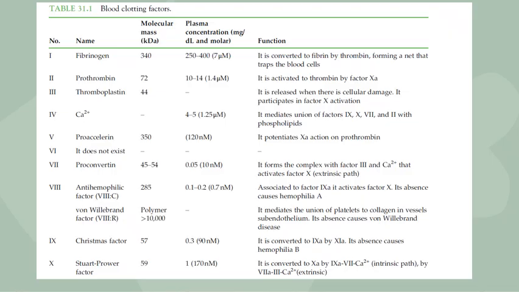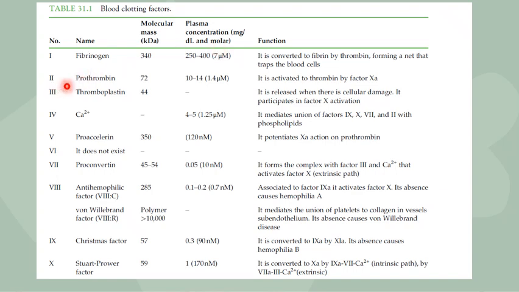So here is the list of clotting factors given. The first clotting factor is fibrinogen. It is a protein of 340 kilodaltons. It is converted to fibrin by thrombin and helps to form a net that traps the blood cells.